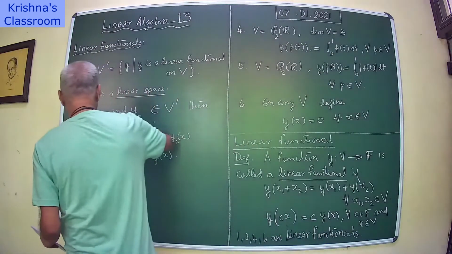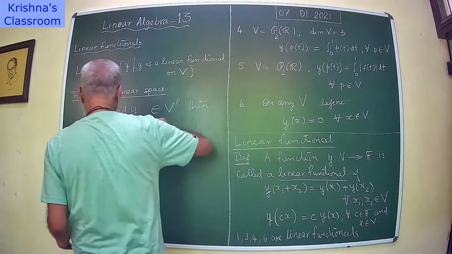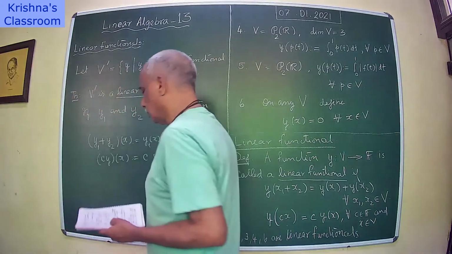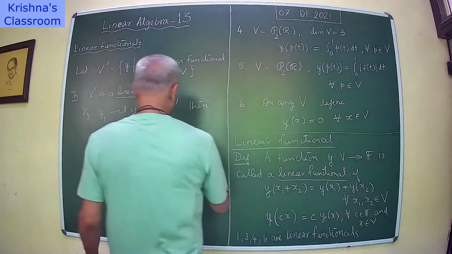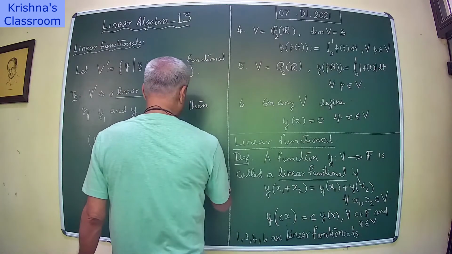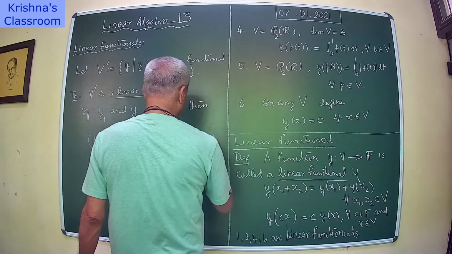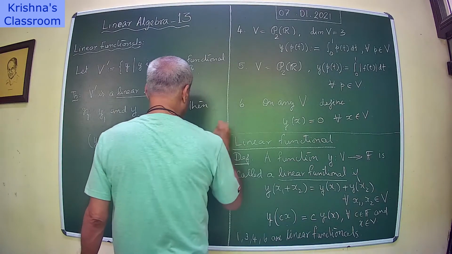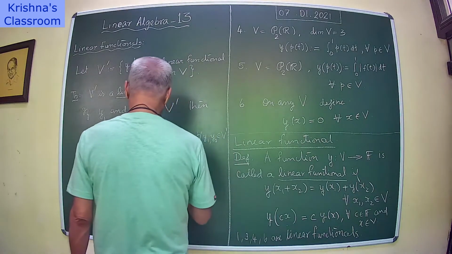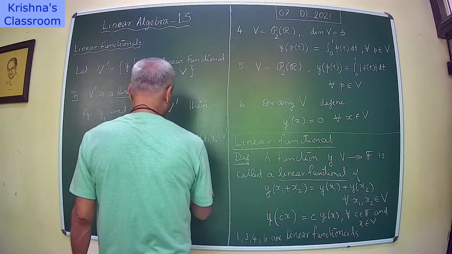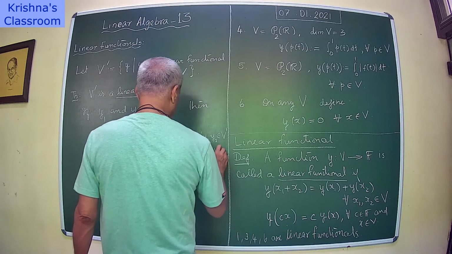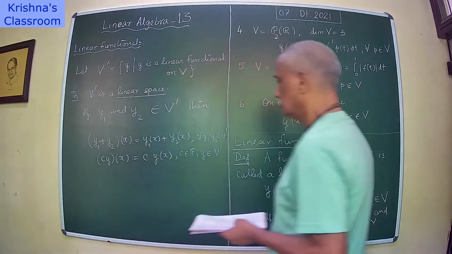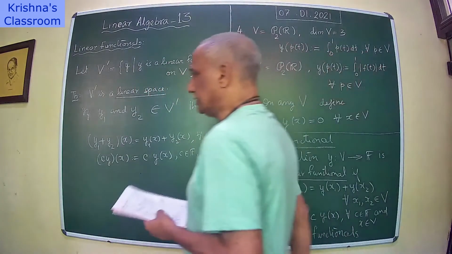Okay, this is how y1 plus y2 and cy are defined for every y1, y2 belonging to V prime and c belonging to F. This is the definition.